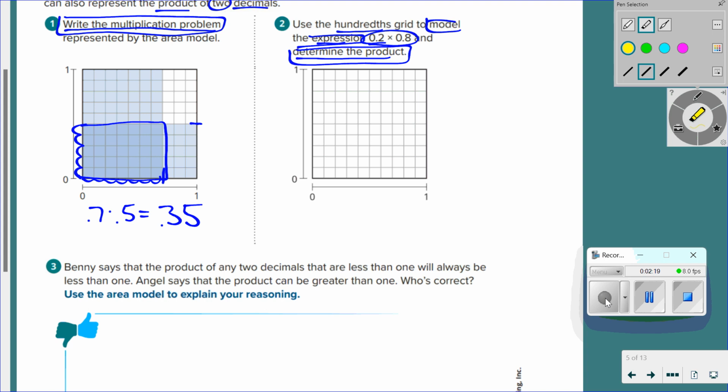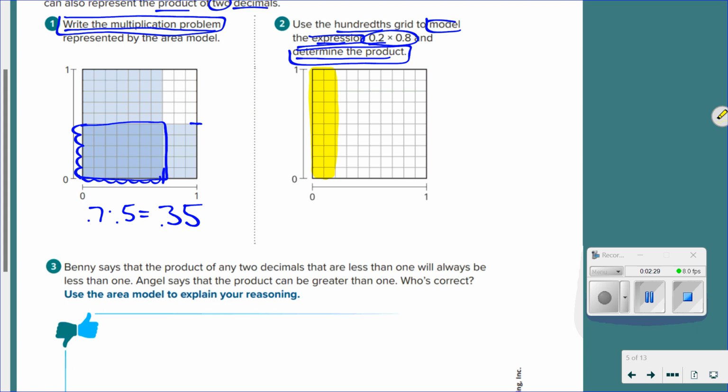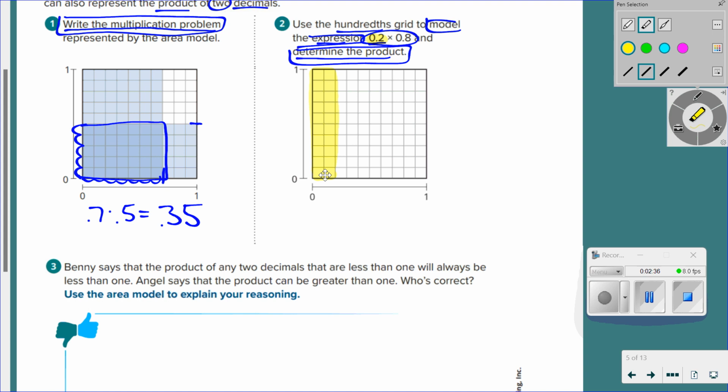So I'm doing 2 tenths. We did 7 going up, so I'm going to do 2 tenths going up to try to keep it the same this class. I did it differently last class. So there's my 2 tenths, yes? Everybody agree with that? And then I'm going to multiply it by 8 tenths. So that means I'm going to go up. We'll do blue as the 8 tenths.